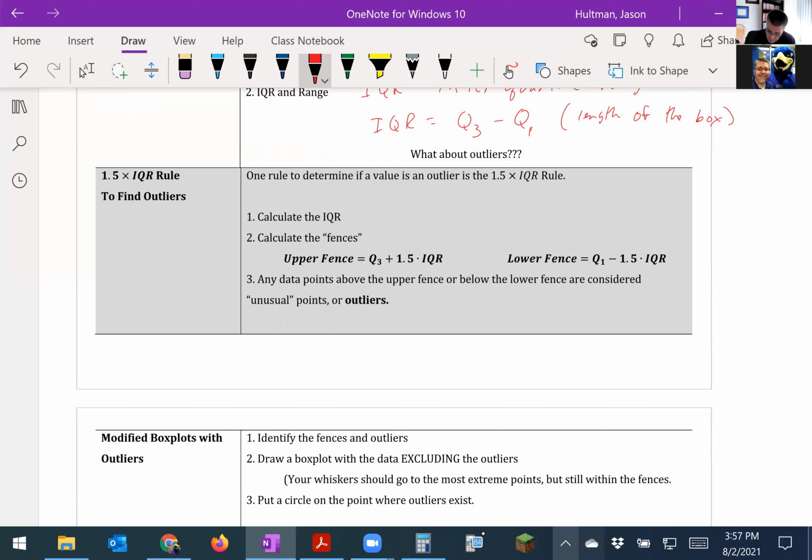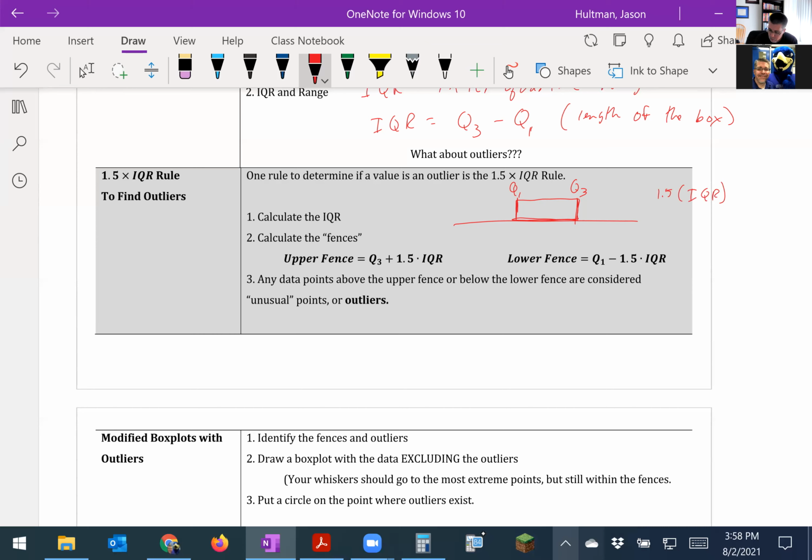Let me draw a picture because I think that will make it a lot less confusing. Say I have Q1 here, and I have Q3 here. I'm going to find the interquartile range, the IQR. Then I'm going to multiply 1.5 times the IQR.